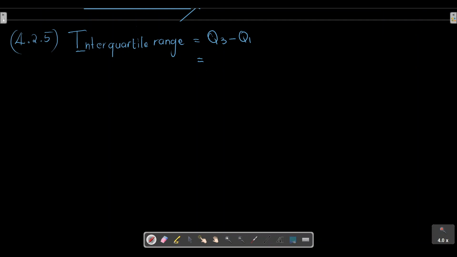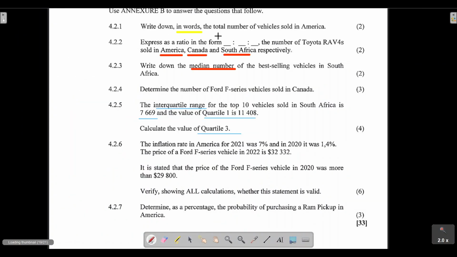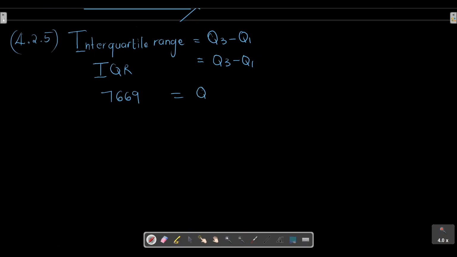Interquartile range can also be written as IQR. It's Q3 minus Q1, and we're given that value as 7,669. What else are we given? We are told that the value of quartile 1, this is Q1, is equal to 11,408. So we don't know what Q3 is, but we know that Q1 is 11,408.